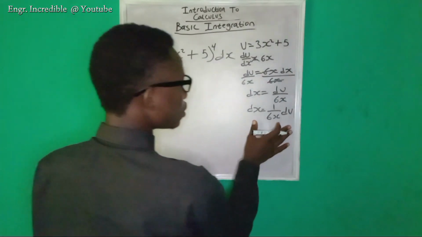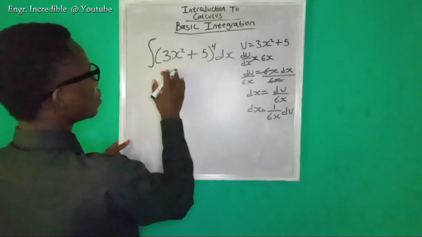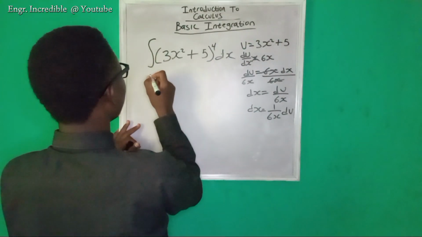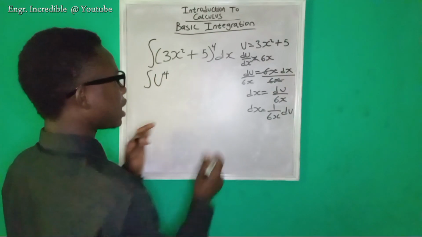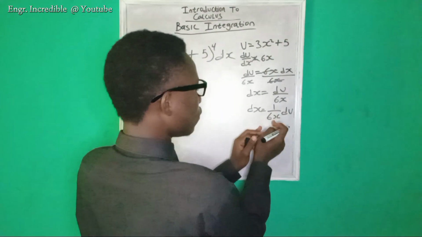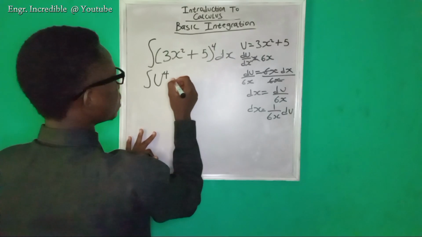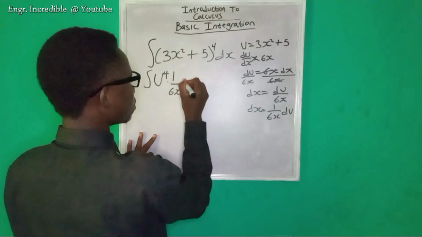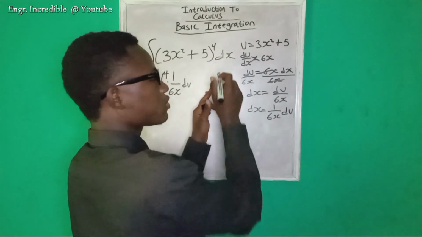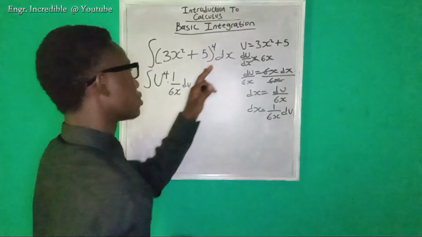So as we have gotten this, we come back to this place. We write it as the integral of u raised to power 4. Then our dx is equal to 1 over 6x du. That is 1 times 1 over 6x du, replacing the value of dx right here.